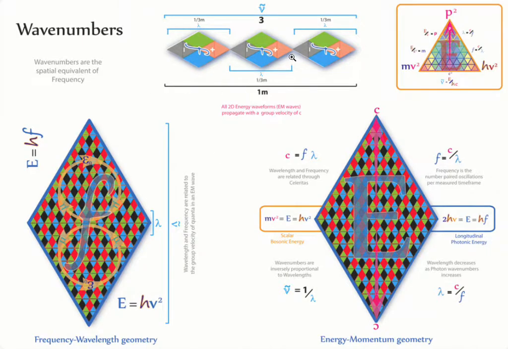Wave numbers, which we touched on briefly, the inverse of wavelengths. Instead of the length indicated here as the wavelength of the photon, the wave number is simply how many photons are in one unit of linear measurement, in this case a meter. So while the wavelength is 1/3 of a meter, it has a wave number of 3 per meter.